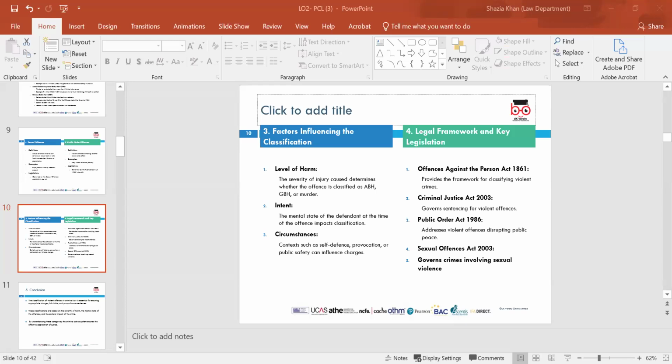Key factors: harm caused, offender's culpability, victim characteristics, context of the crime, and criminal history.